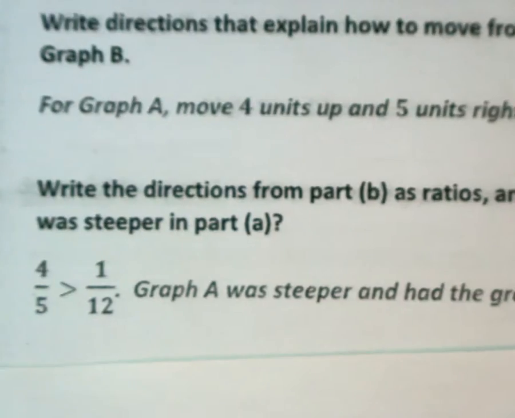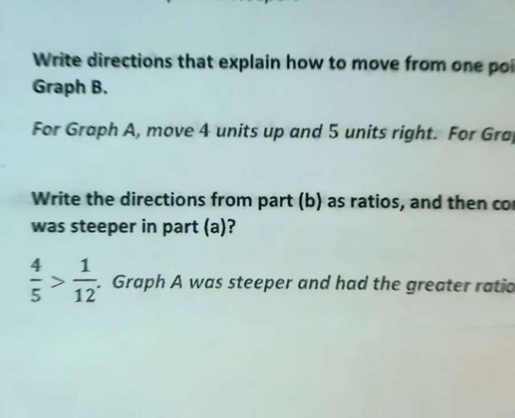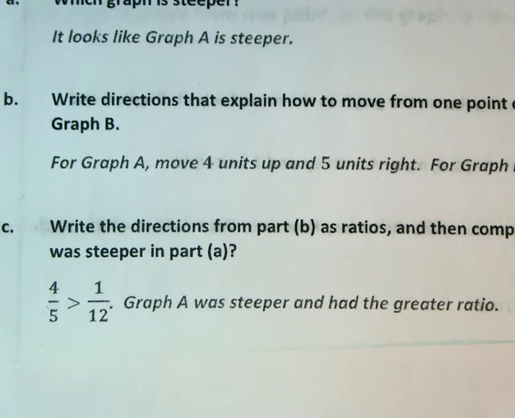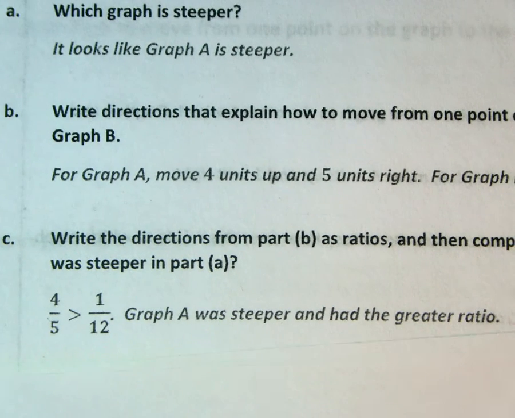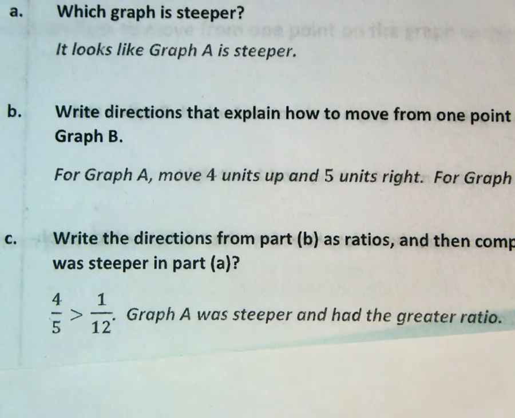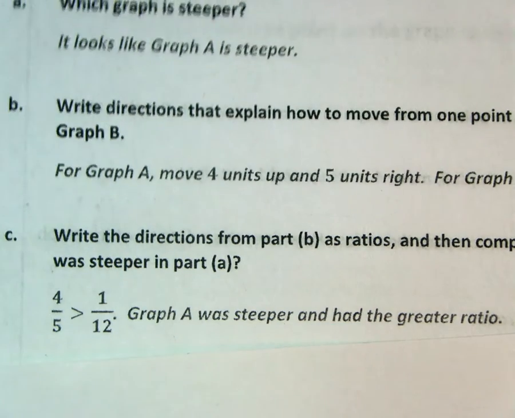Graph A was steeper and had the greater ratio. Let's move on to pair number 2.